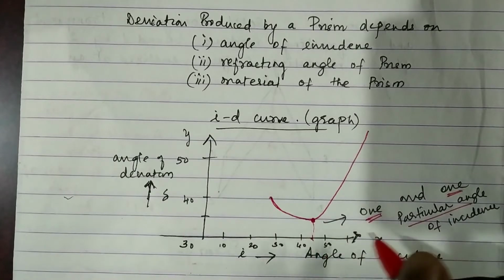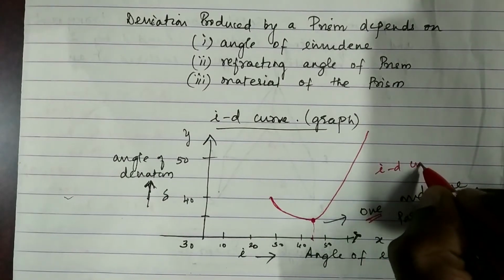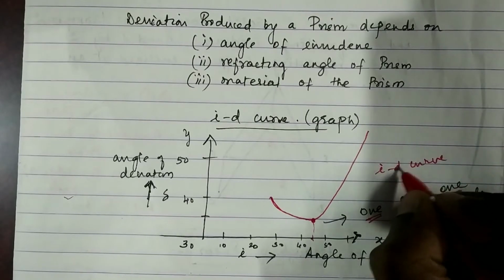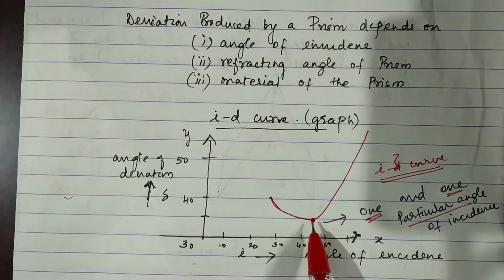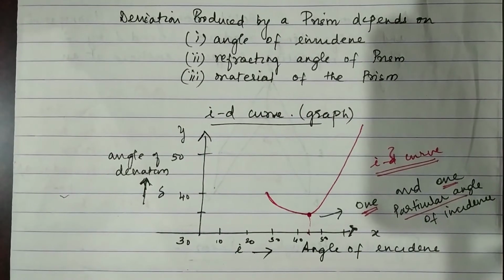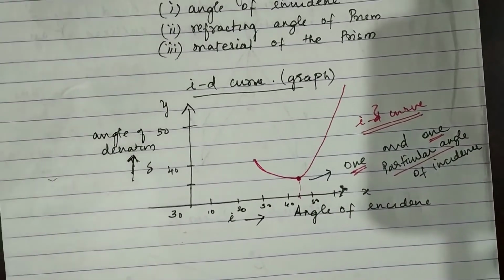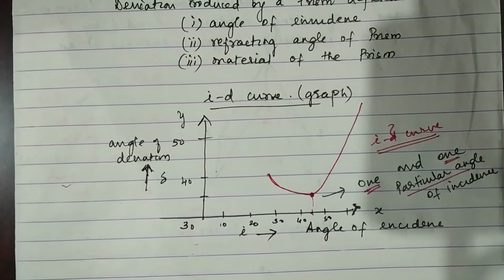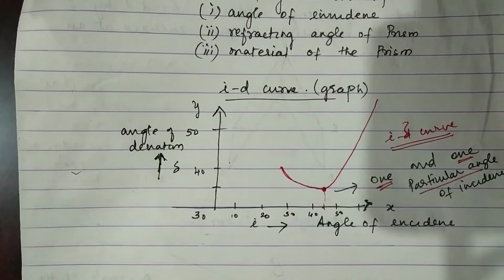So this curve is called the I-D curve or I-delta curve. This is called the position of minimum deviation of the prism. You have to see a few important things when studying the position of minimum deviation.